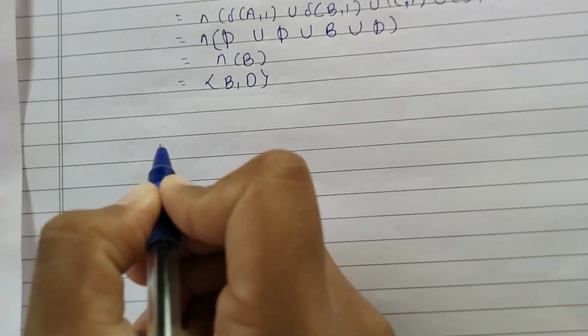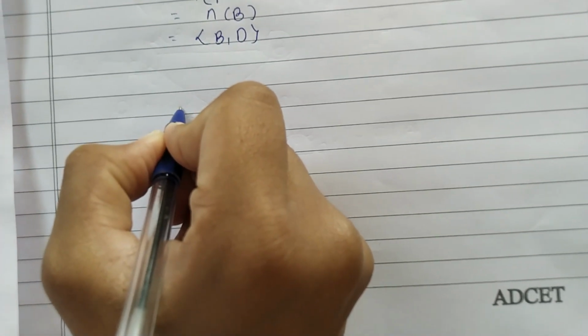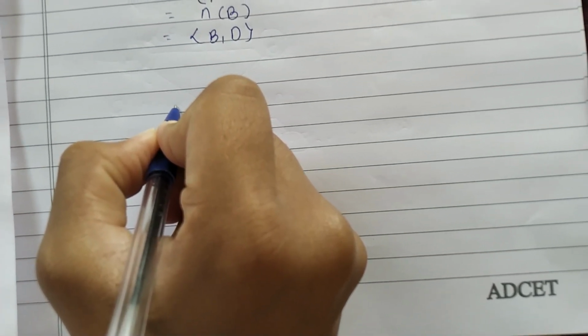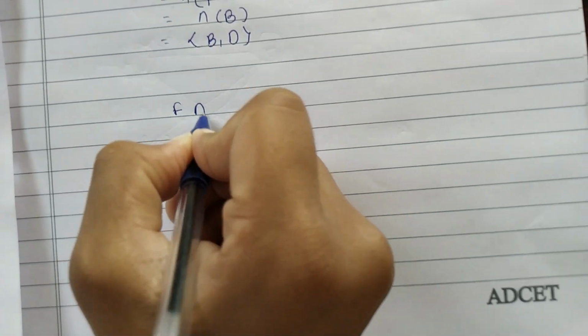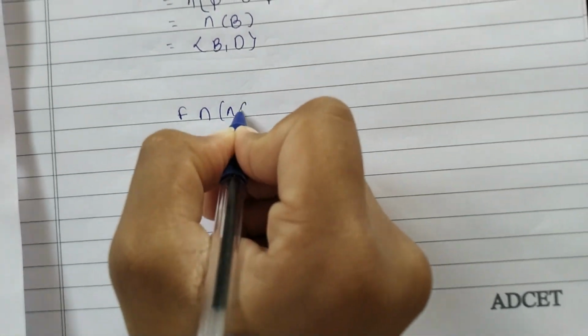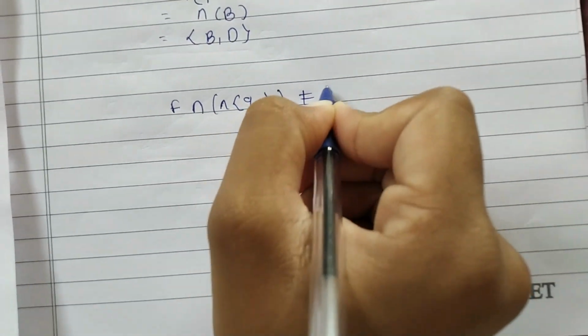So as I said, one more step we see here: whether our initial state is an acceptance state or not. So again the same formula, F intersection null of Q naught is not equal to phi.